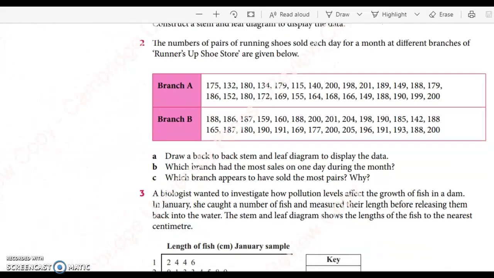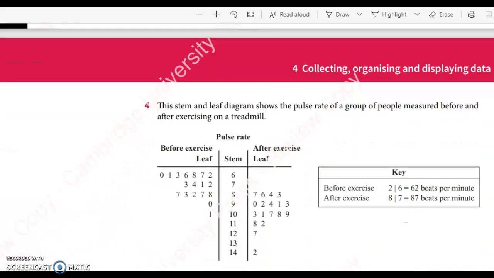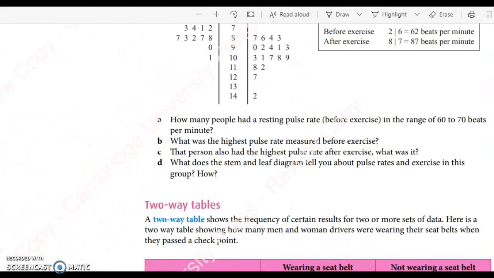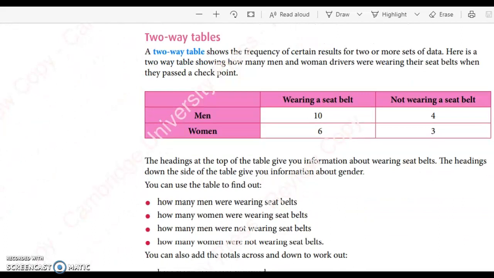Now let's look at the next kind of table. The first one is two-way tables. A two-way table shows the frequency of certain results for two or more sets of data. If you have two or more categories in the data, for example, you are going to compare between men and women, and then between them wearing a seat belt or not wearing a seat belt.